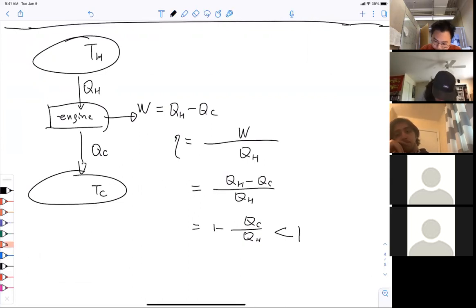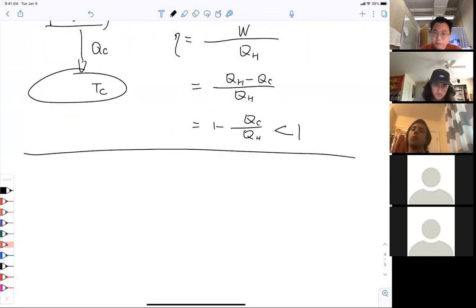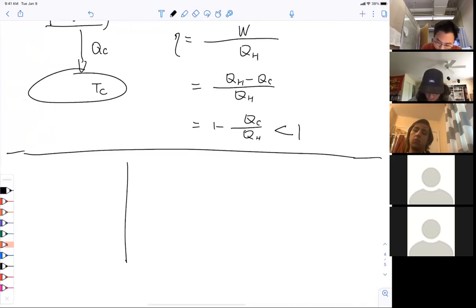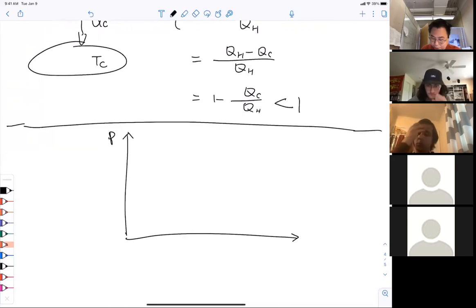Okay, so let's look at the example. Instead of considering the Carnot engine, which everyone knows how to do, let's consider some arbitrary cycle. It's a PV diagram.